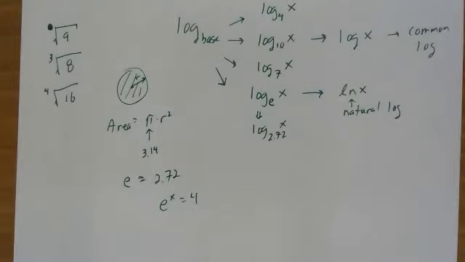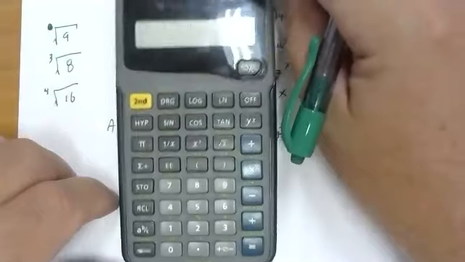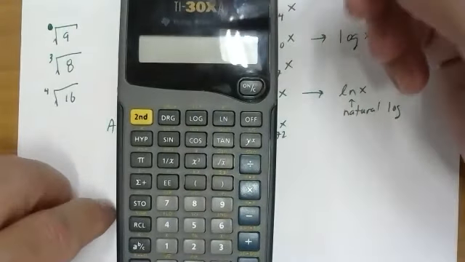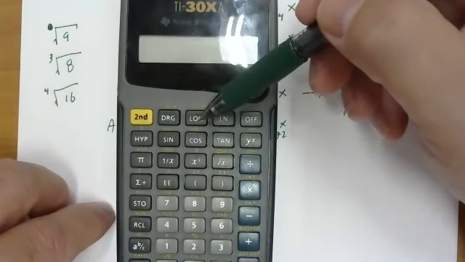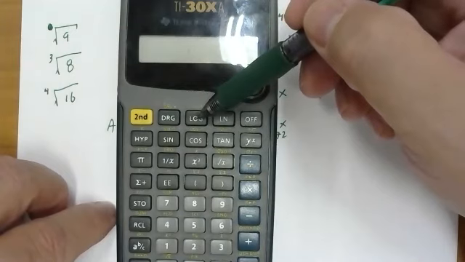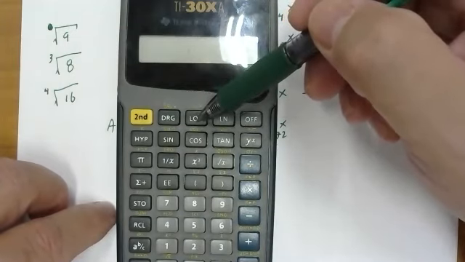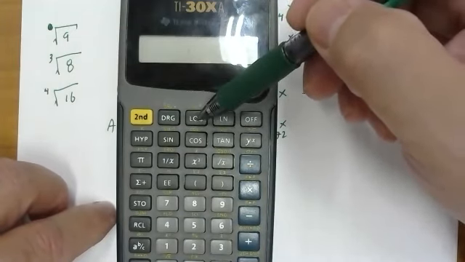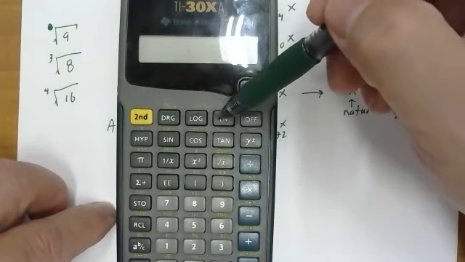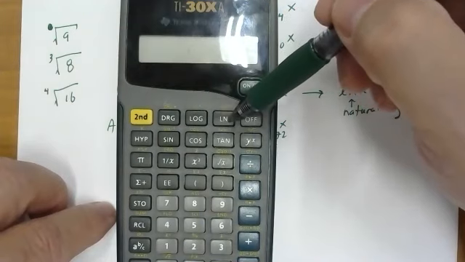Some of you may have fancy calculators, but on a lot of calculators, if you look at some of these keys, look here, log. This is the key you're going to press if you're trying to take the base 10 log, or the common log, of a number. But look what's next to it, ln. This is the natural log.